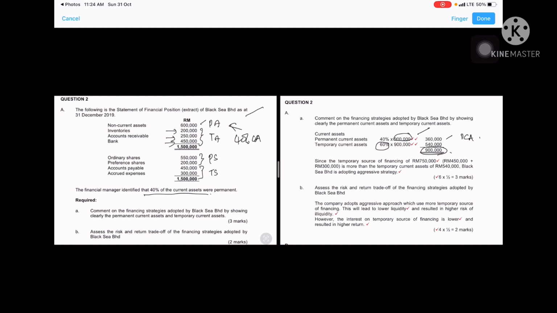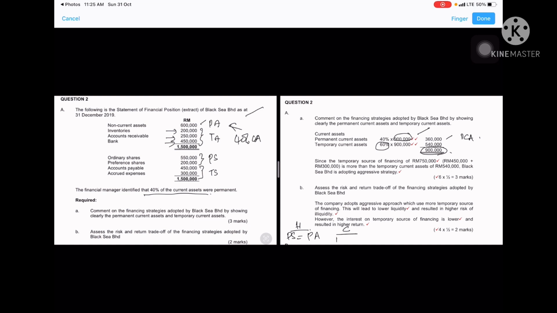Okay, so we have to identify whether this is using hedging, conservative, or aggressive. Hedging is if all the permanent sources finance all of the permanent asset. So permanent sources is equal to permanent asset. What about conservative?